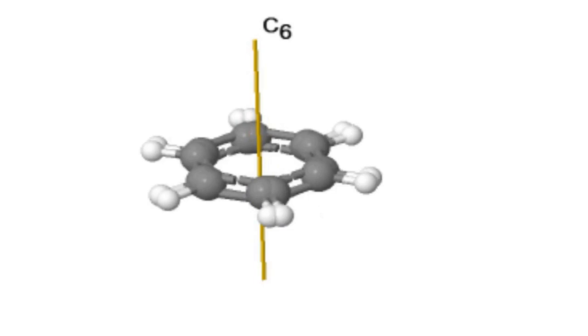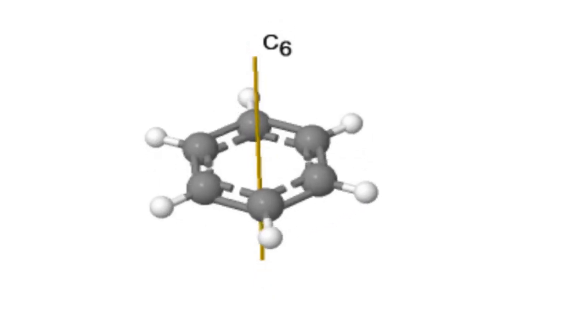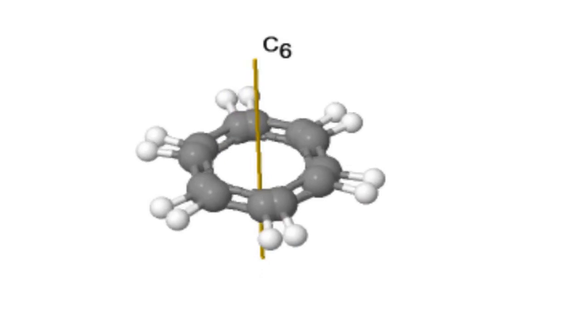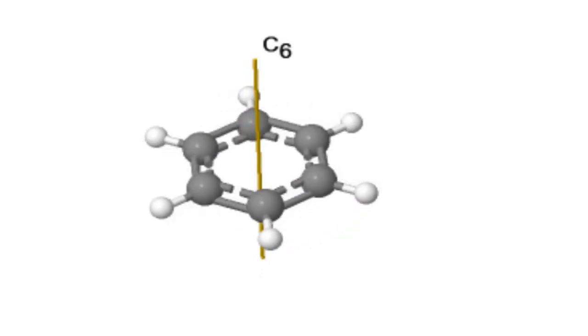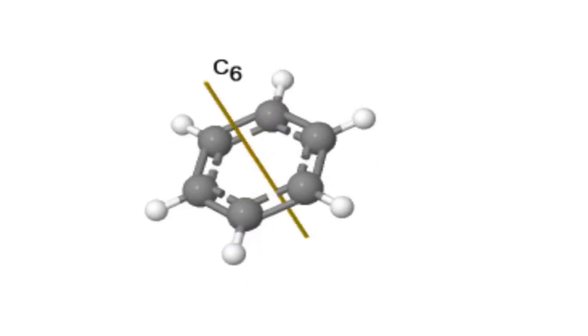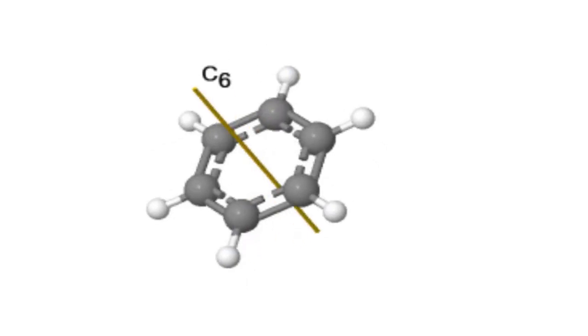If I rotate this molecule about this axis by 60 degrees, you see what happens. It goes to a configuration that is indistinguishable from its original configuration, and this is called a symmetry operation. We will discuss all these symmetry operations and symmetry elements in the next lecture.